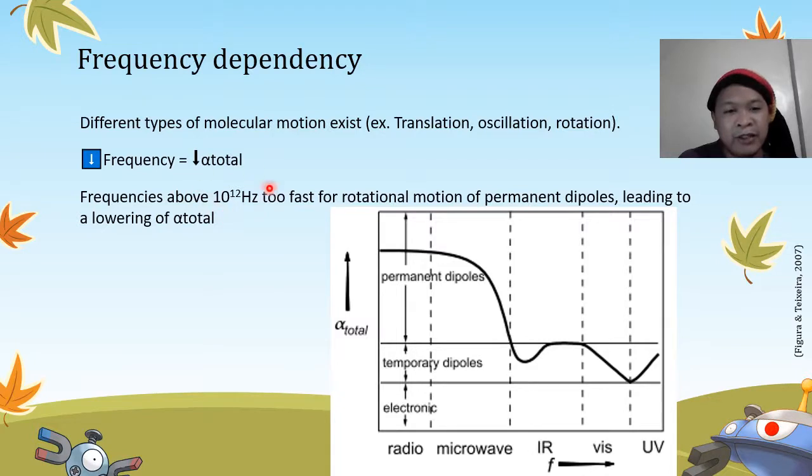Because at a very high frequency such as 10 raised to 12 hertz, it would be too fast for rotational motion to occur on permanent dipoles, and thus in a way the rotational motion is gone, since different types of molecular motion exist. Not only rotation, but there's also translation and oscillation.